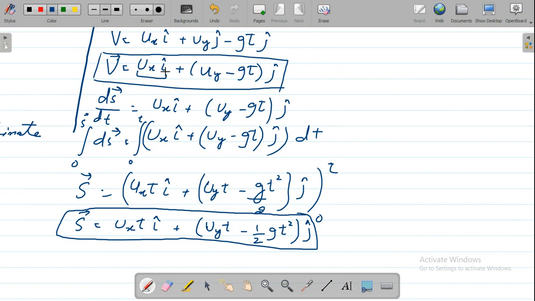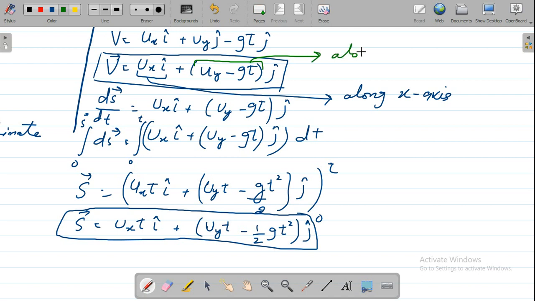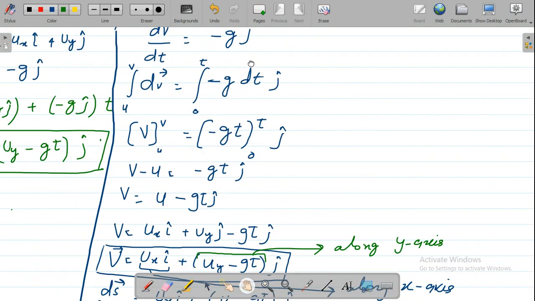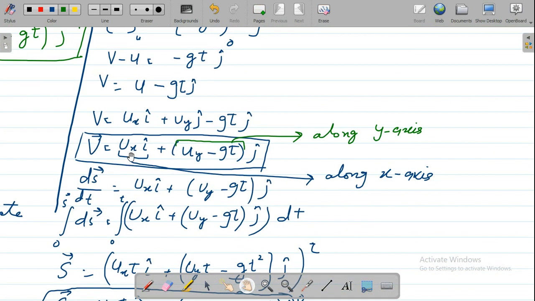So this ux is the component of velocity along x-axis after time t, and this is the velocity component after time t along y-axis. So we can say that the initial velocity along x-axis is ux, and the velocity after time t along x-axis is also ux. That means along x-axis the motion is uniform motion.